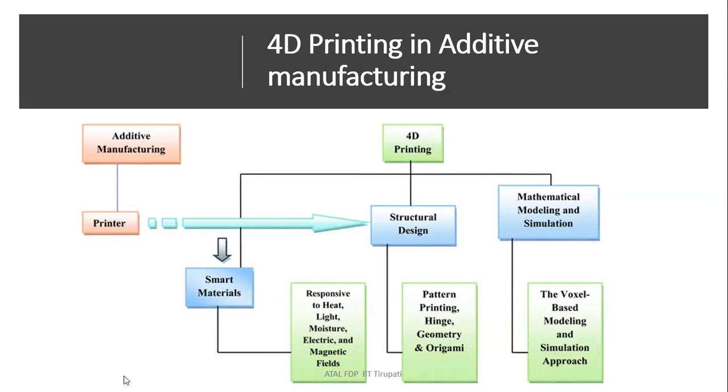The next one is pattern printing, hinge, and the geometric origami approach is also used. When we talk about mathematical modeling here, instead of pixel, we talk about a concept called voxel.